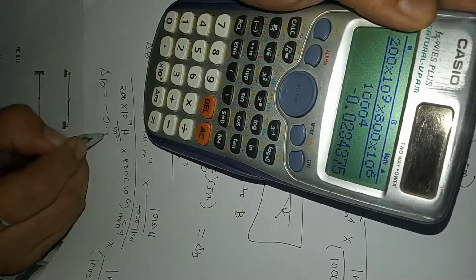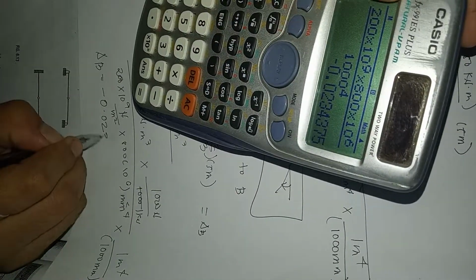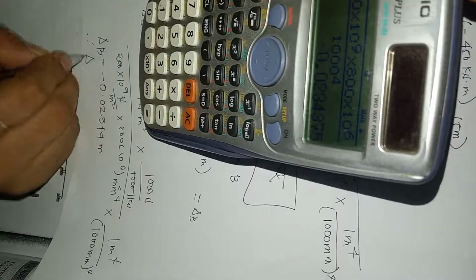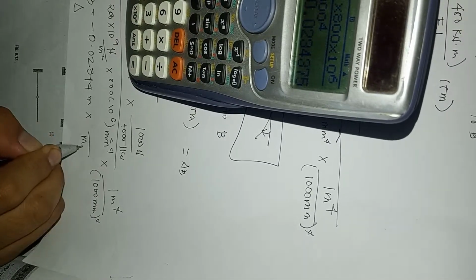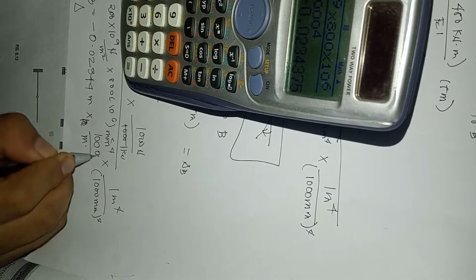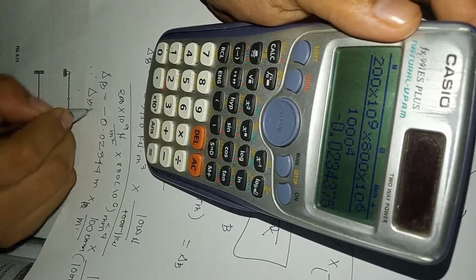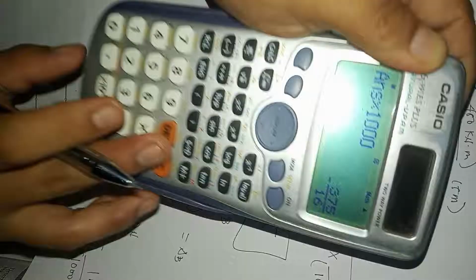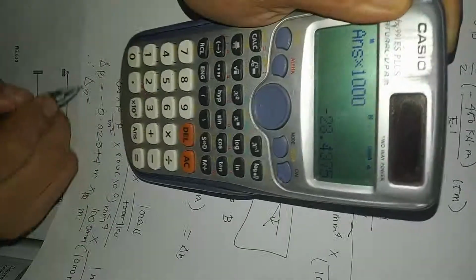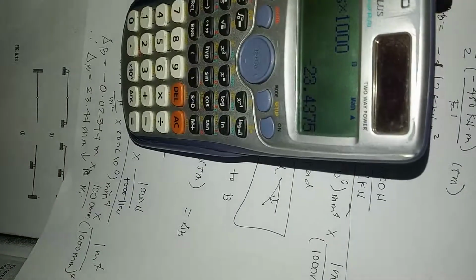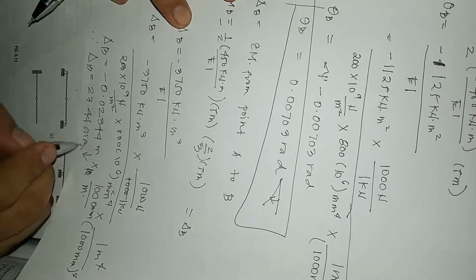So it is in meters, negative 0.02344 meter. So we convert it to mm: 1 meter equals 1000 mm. So delta B is equal to 23.44 mm downward because it's negative. So that's our answer. That's all.